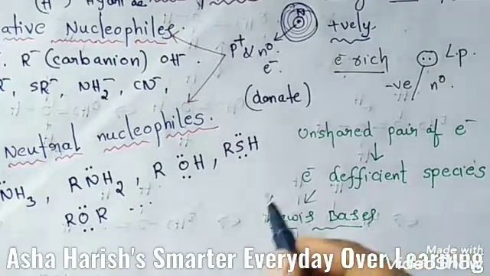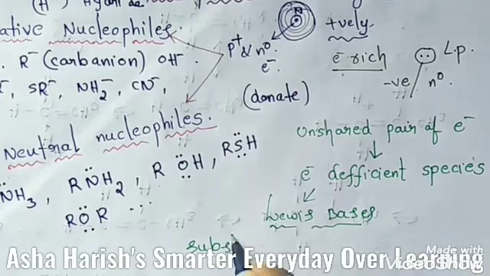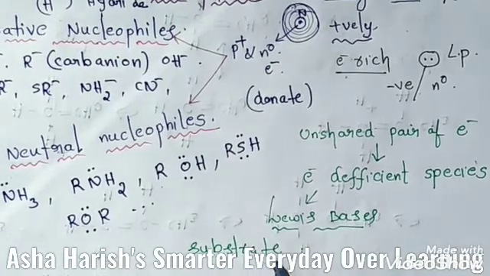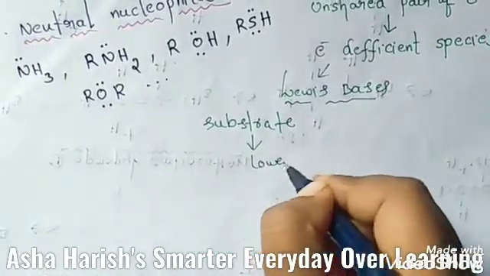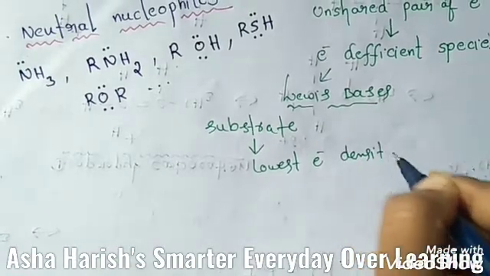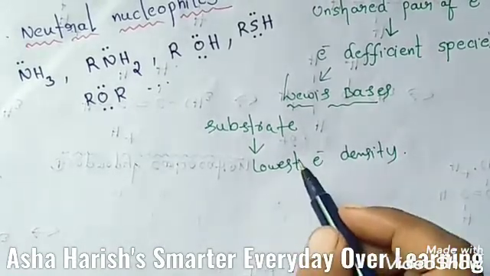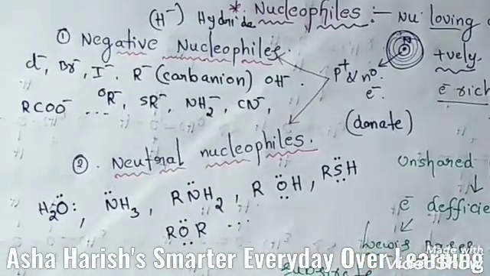Nucleophiles always attack the substrate molecule at the site of lowest electron density. So this is about nucleophiles, and the types of nucleophiles: negative and neutral.